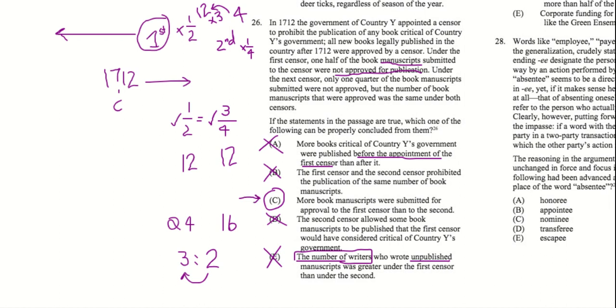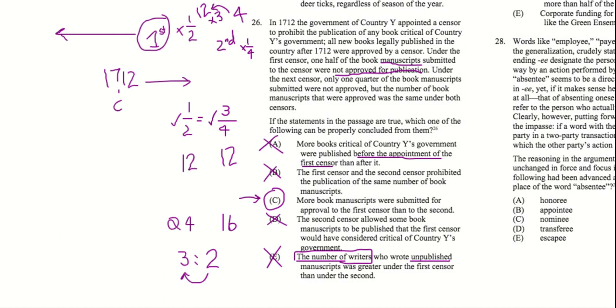This one is pretty tricky because I think, at least for me, it's very hard to see what's going on unless I put in numbers for the proportions. If you don't have numbers in for the proportions, is it kind of harder to see that more books were submitted to the first censor than to the second? Yes, right? It's kind of hard to see that with just the proportions if you don't add in numbers yourself. If they give you only proportions, you can definitely add in numbers, right?